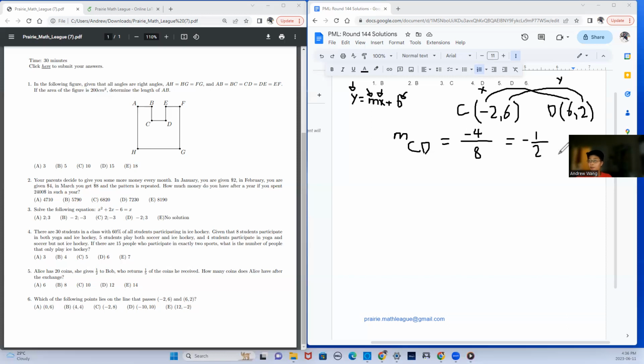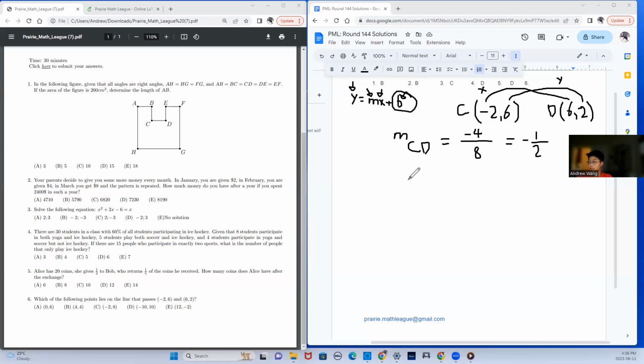Now that we have a point which contains x coordinate and y coordinate, and we have the slope of the line, we can use this information to find the y-intercept, and this will help us complete the equation of a line. So we'll use point D as the example right here.